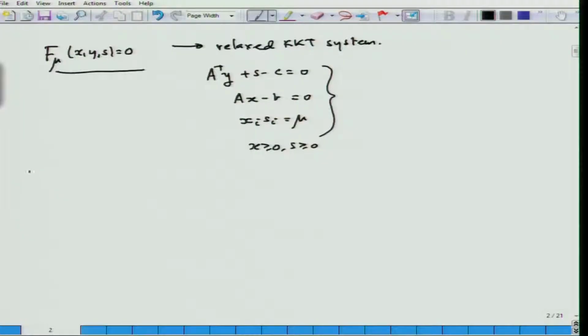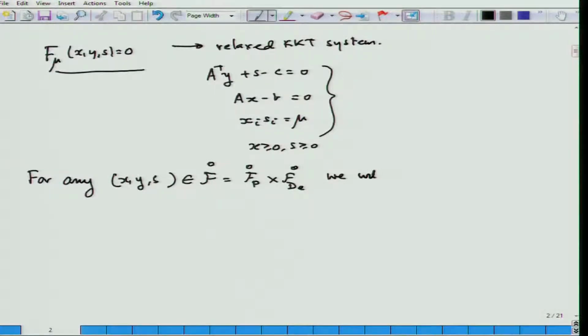So, for any x y s which is in F naught, which is nothing but F naught P cross F naught D, we will define the duality measure.